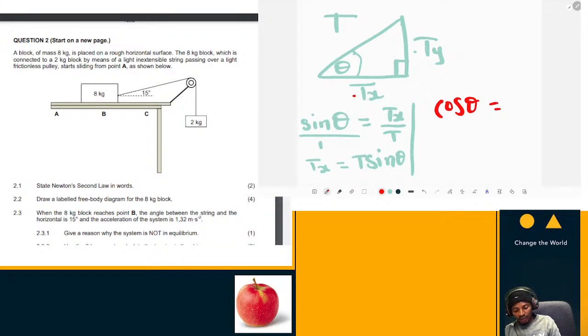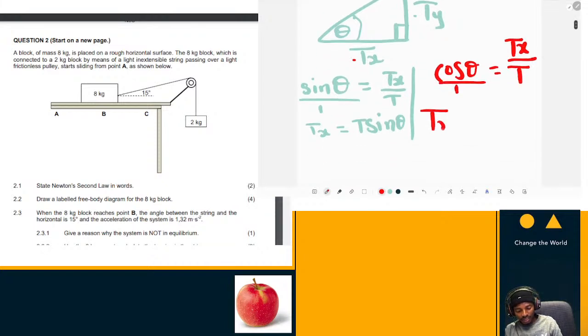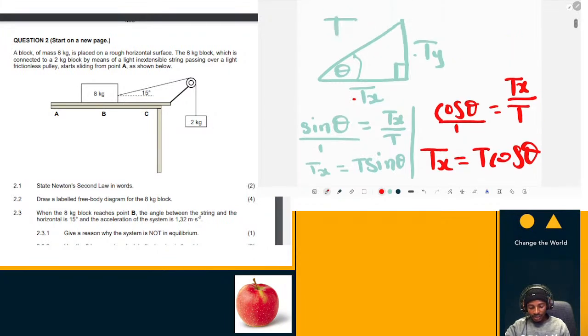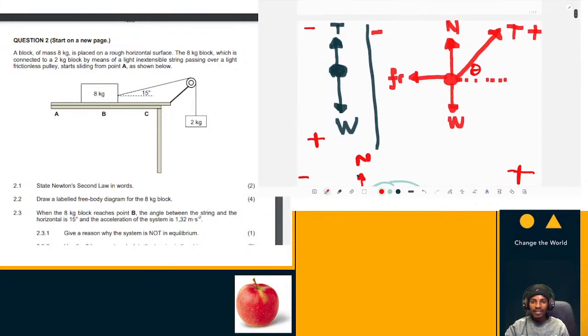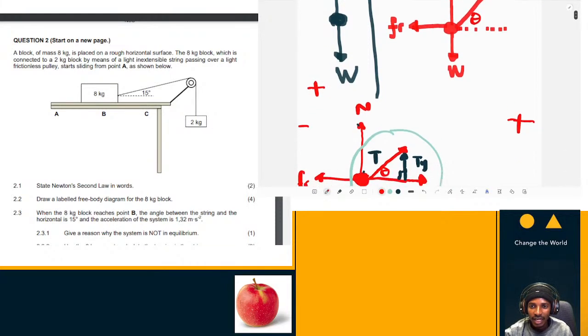Therefore, it will be Ty over our hypotenuse, which is T. Then if we cross multiply, we get Ty is equal to T cosine theta. Okay, so we're done with our free body diagrams.